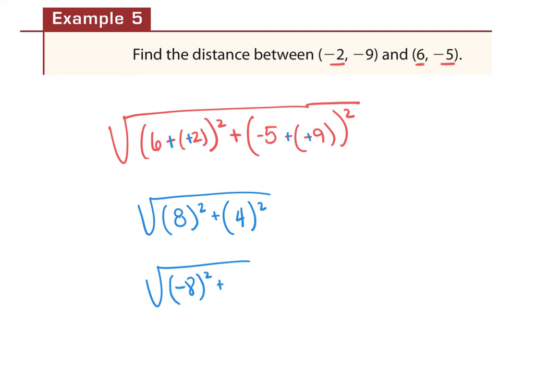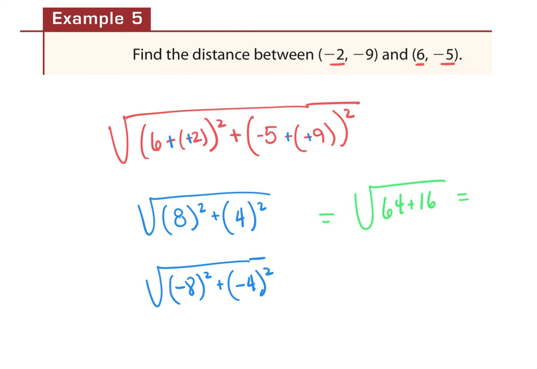If I had done negative 9 minus a negative 5, I would have negative 4 squared. It will still work out the same no matter which direction you subtract, because when you square a negative, it becomes positive. So 8 squared is 64. 4 squared is 16. What am I going to get there? Square root of what?